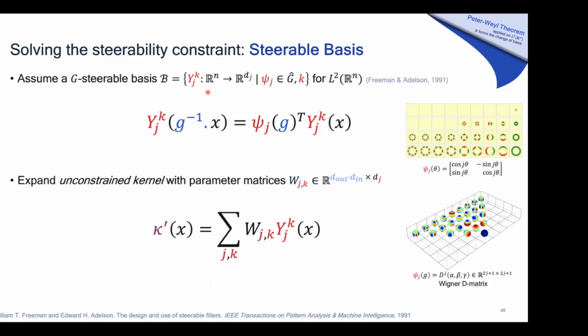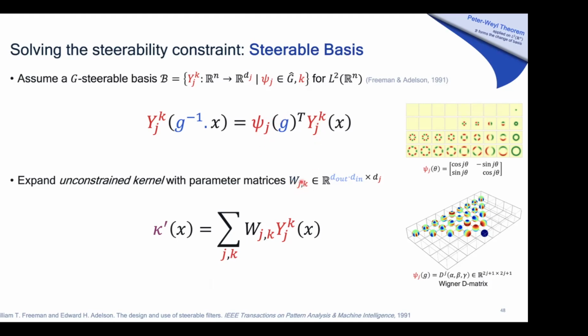Essentially, that means we have some group of functions Y_jk indexed by a certain frequency j and maybe a certain radial component k, and they satisfy the property that a rotation of them in a block is equal to just the basic version of them left multiplied by one irrep, one representation of a certain frequency. We use this now to expand our unconstrained kernel.